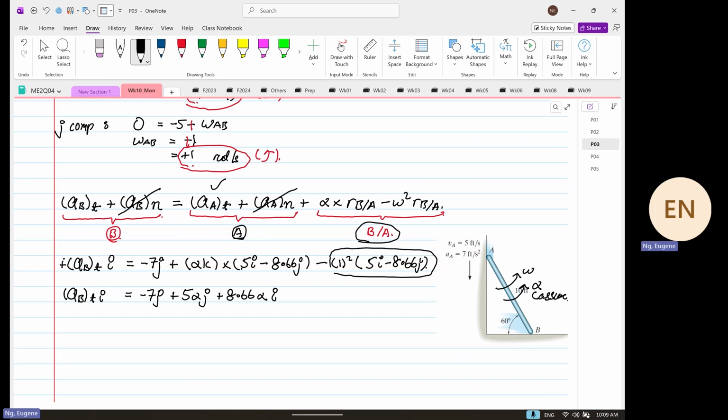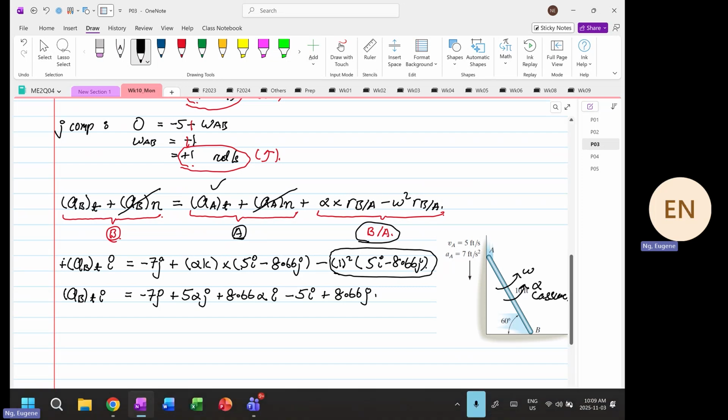It's not a cross, okay? So you just multiply this, so minus 5I plus 8.66J. Are we clear? It's not a cross or whatever.